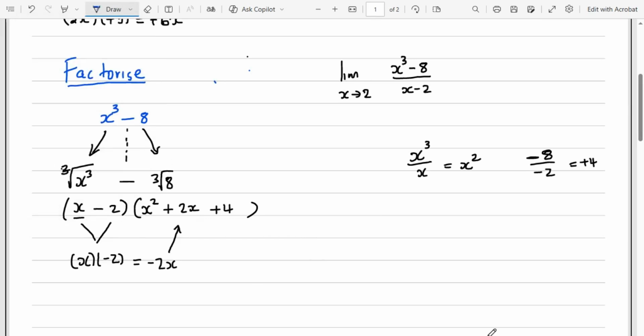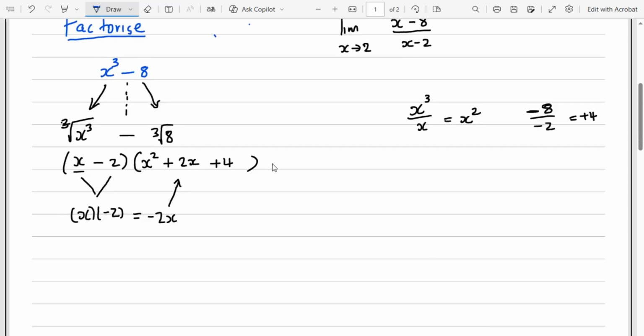We can definitely continue and factorize. So what I'm trying to say is that this is x minus 2, and then we can open the brackets and factorize the quadratic part. It's going to be x, is going to be x, the factors of 4, that when you add or subtract, they give us 2 is just 2 and 2. One bracket, it's, oh, both of them, they should be negative.